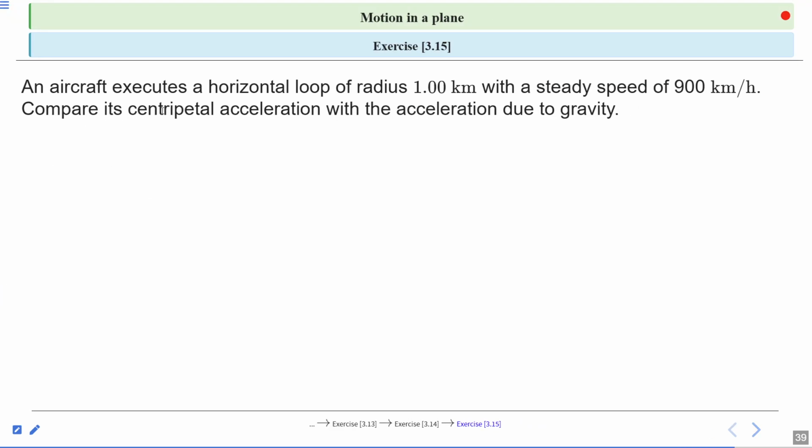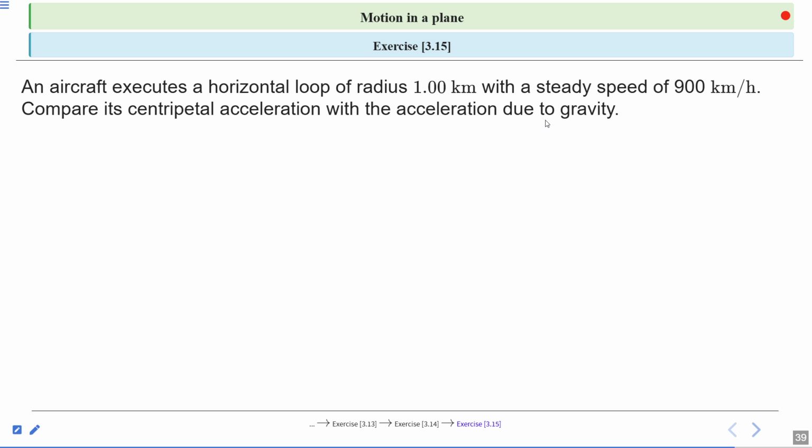Question is, an aircraft executes a horizontal loop of radius 1.00 kilometer with a steady speed of 900 km per hour. So this is the steady speed. Compare its centripetal acceleration with acceleration due to gravity. So in this question, you have to find out the comparison between the centripetal acceleration and acceleration due to gravity.